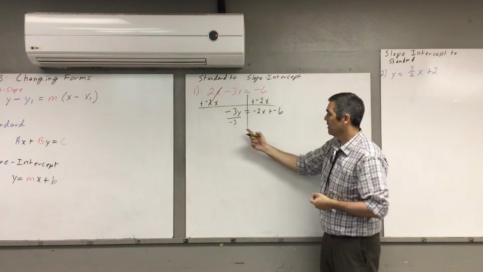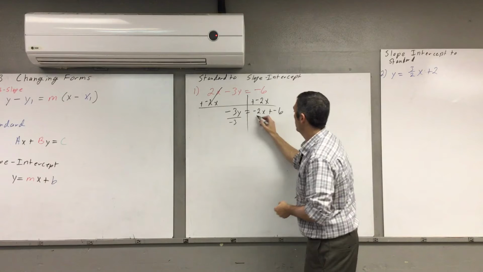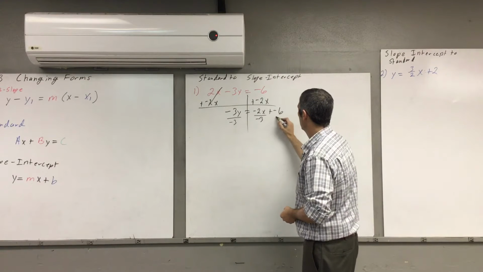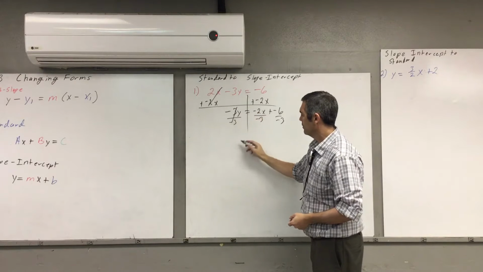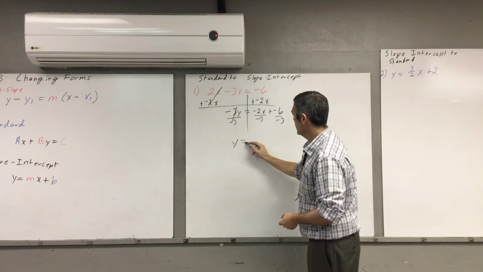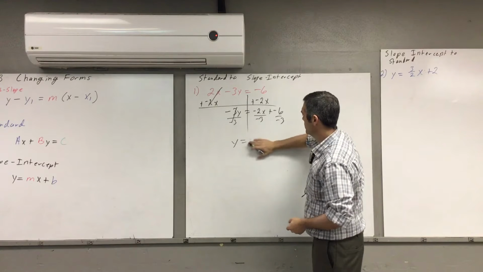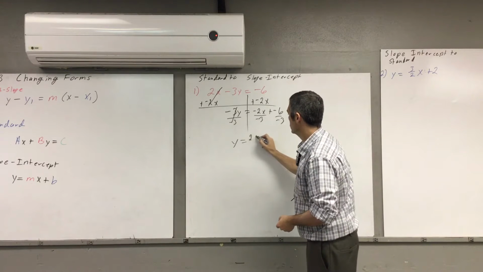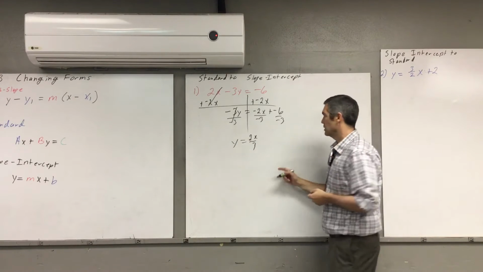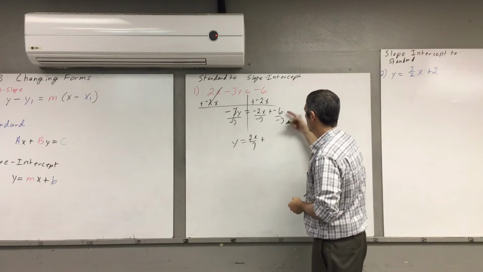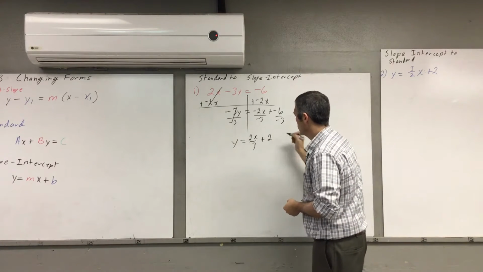We're going to divide negative 3 by each term on this side. So here, divide by negative 3, divide by negative 3. This will cancel this out and leave us with y equals a negative divided by negative, positive 2x over 3. I'm going to deal with this in just a second so that you see this. Plus negative 6 divided by negative 3 gets me 2.